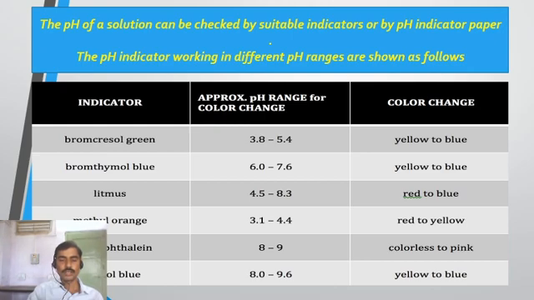Bromocresol green is a pH indicator. The approximate pH range for color change is 3.8 to 5.4, and at this pH range bromocresol green shows color change from yellow to blue.